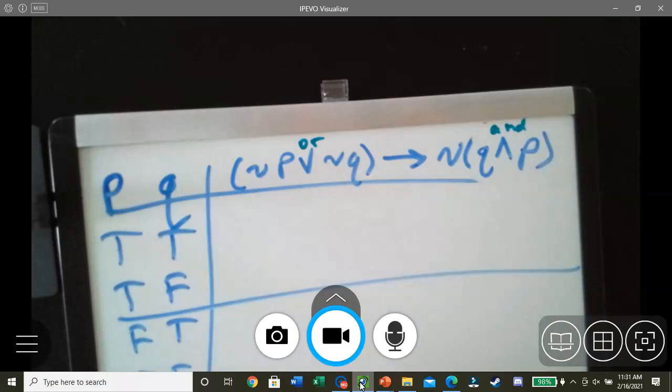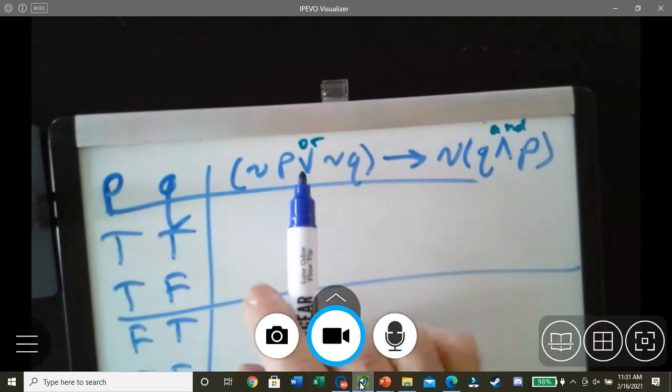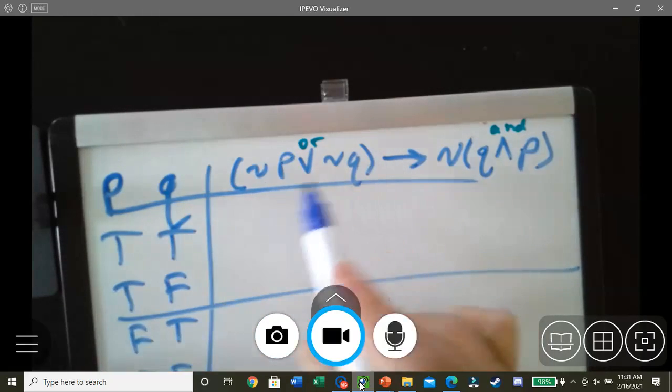Okay. All right, what do we do first? A lot going on here, right? What do we do first? Inside what? The parentheses, right? Inside the parentheses. So we're going to go inside this parentheses first.